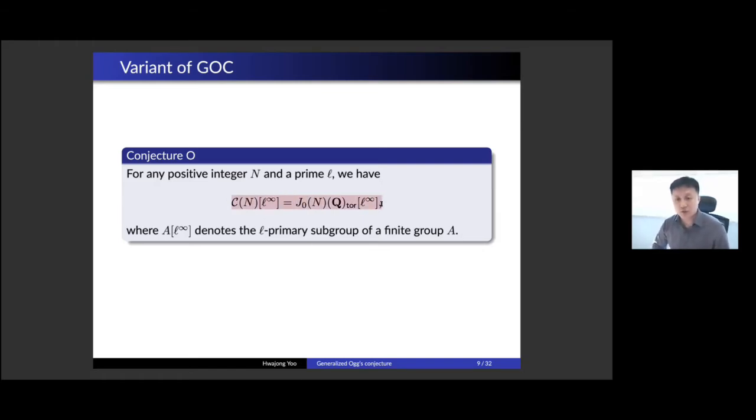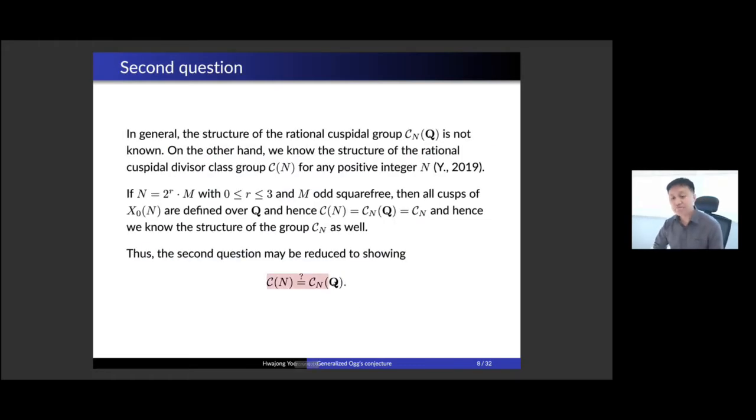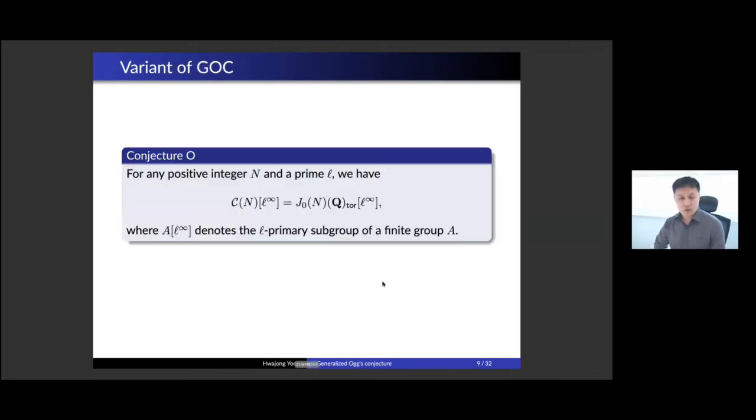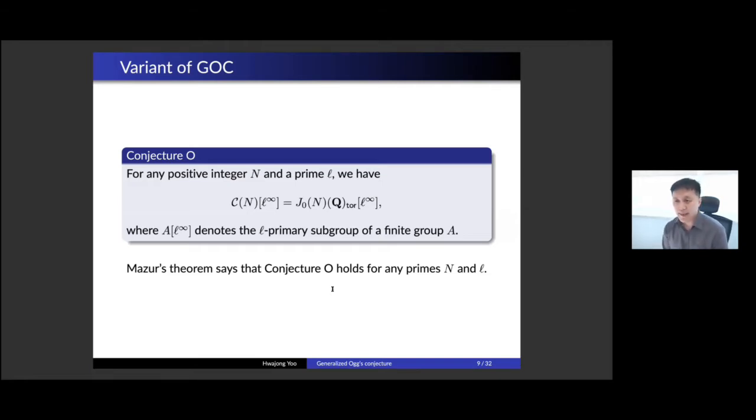So if we prove this for any positive integer n and any prime L, then this implies the generalized Ogg's conjecture and this question. The major theorem answers that conjecture O holds for any prime number n.